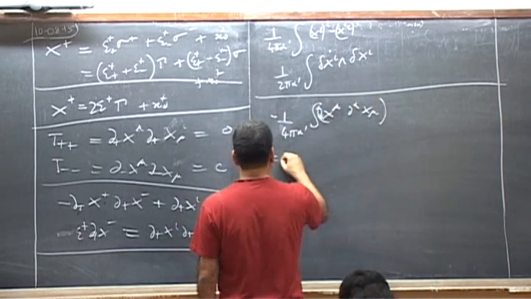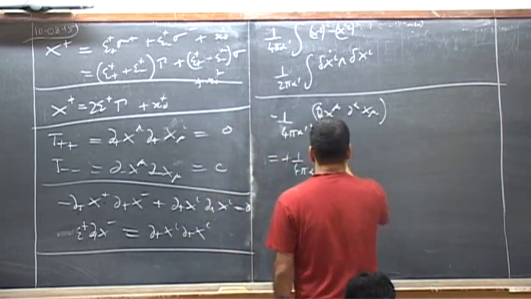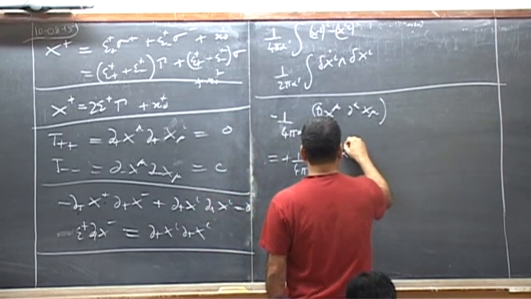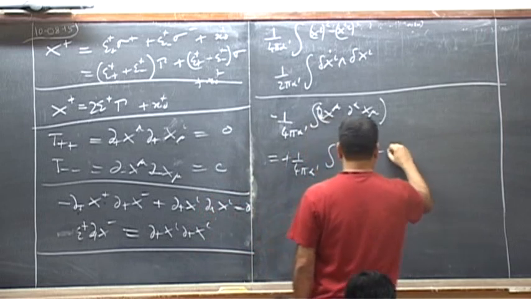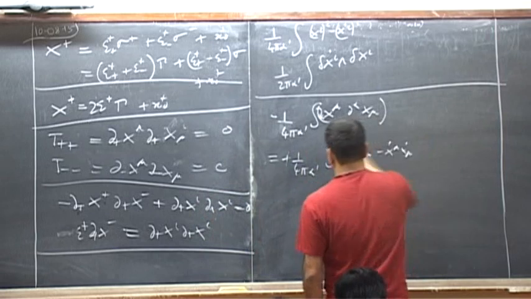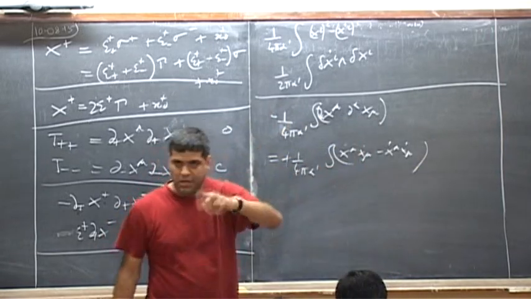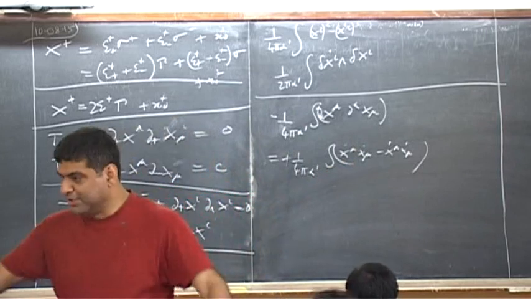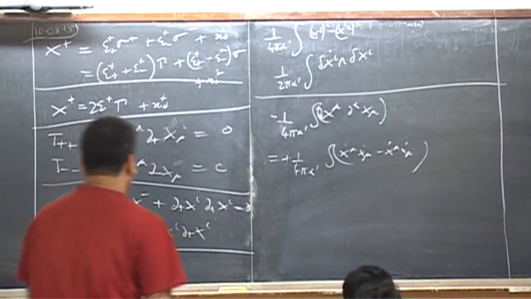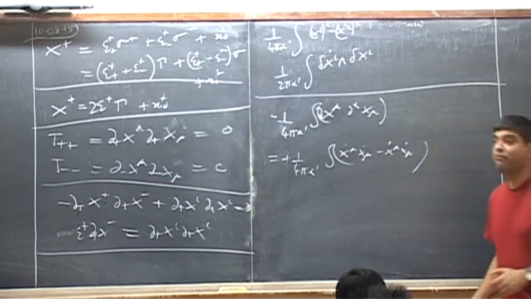So that was minus 1 by 4 pi alpha prime, so plus 1 by 4 pi alpha prime, x mu dot squared minus x mu prime squared, the minus disappearing because of the sign convention on the metric on the worldsheet of the string. Now we have to recast this object in terms of plus minuses.